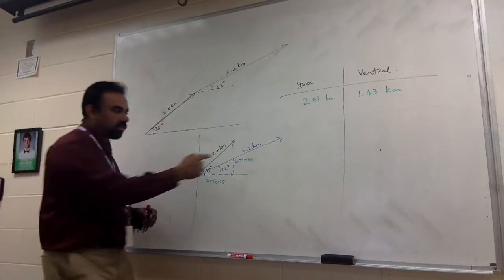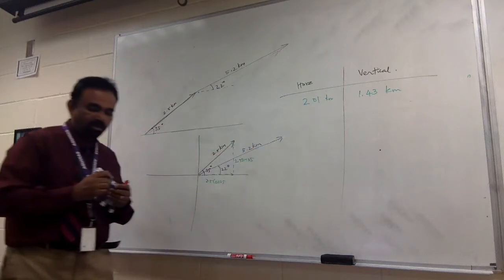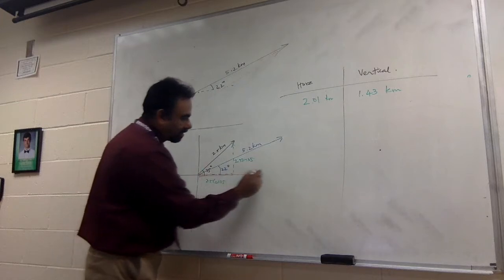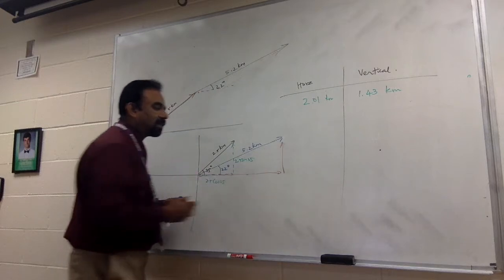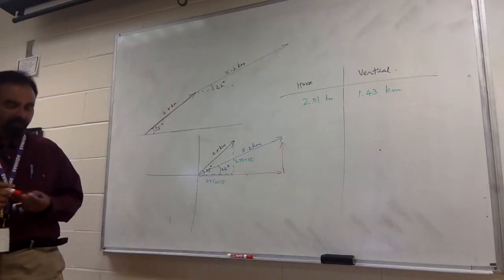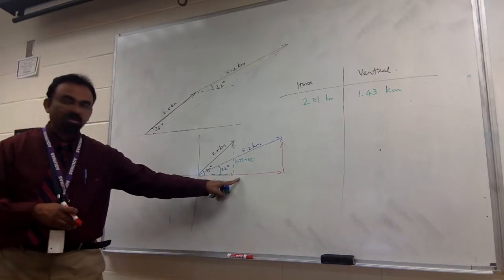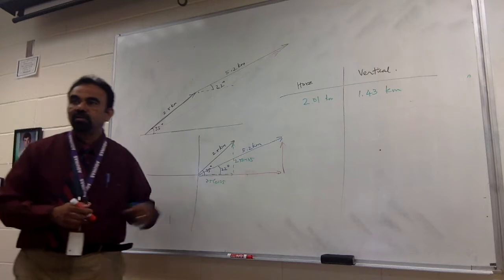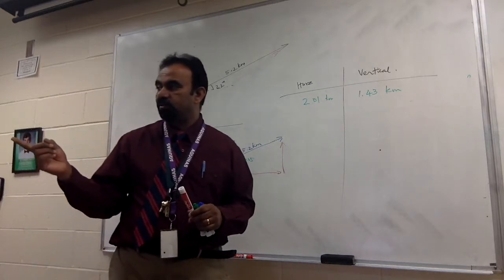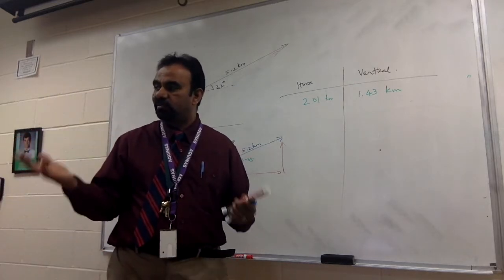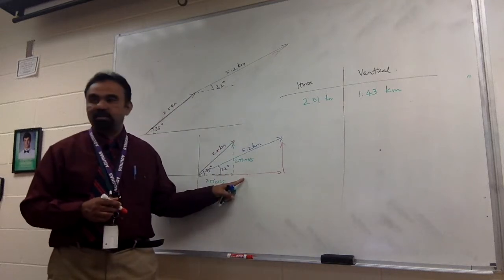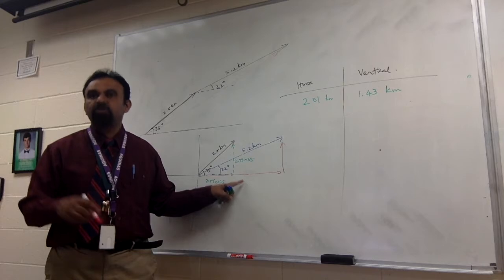The next vector is this one. It has two components. What are the two components? One is this, and the other is that. What is the horizontal component? 5.2 what? 5.2 cosine.